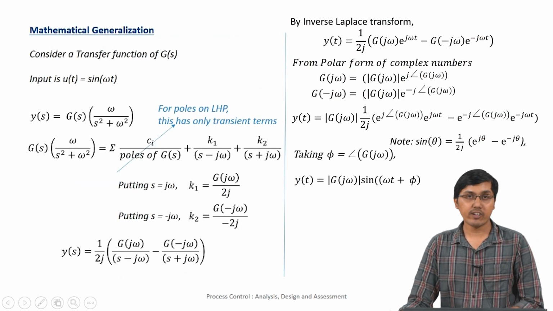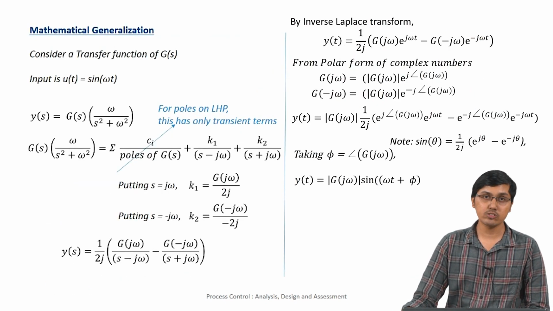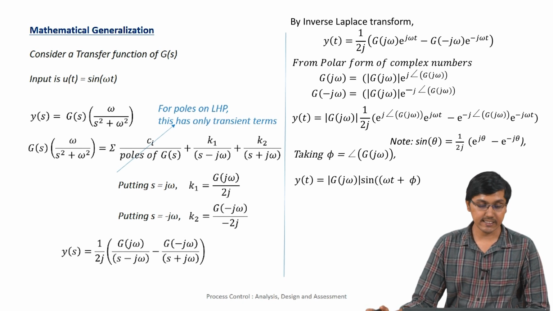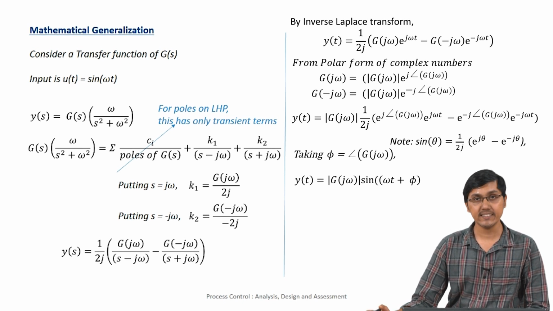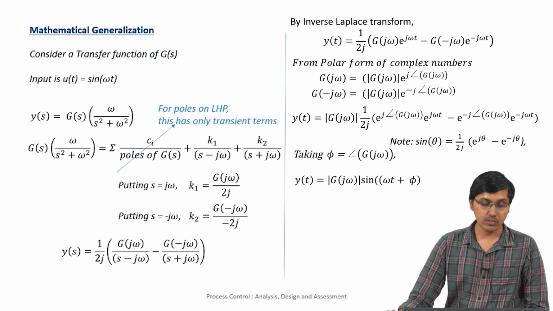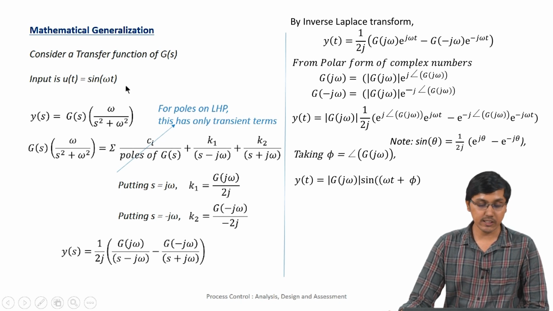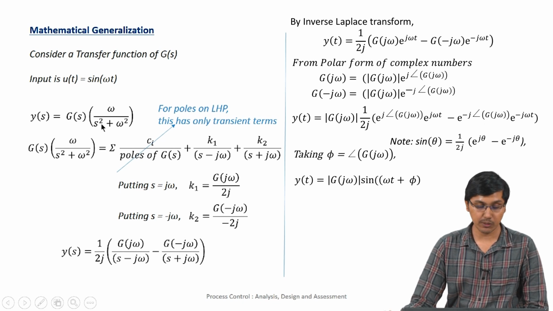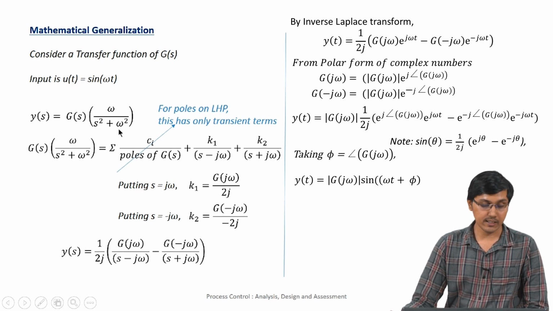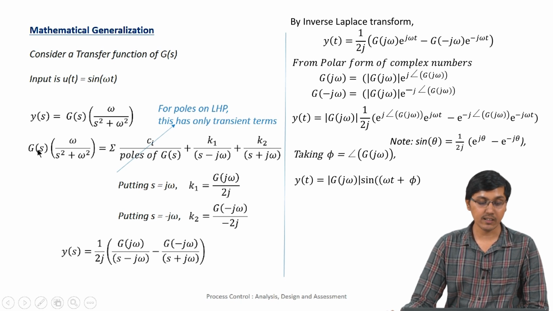Now we have done it for a first order system, and we are trying to generalize it for any transfer function. Again, the input is u of t equal to sin omega t, which has a Laplace transform of omega by s square plus omega square, and y of s is nothing but g of s into omega by s square plus omega square.